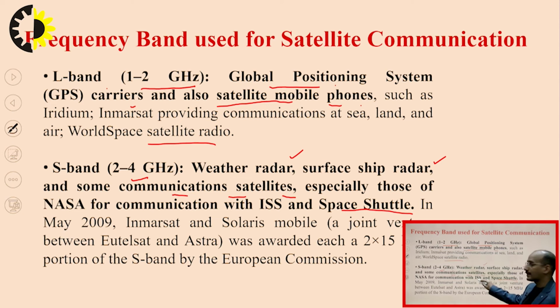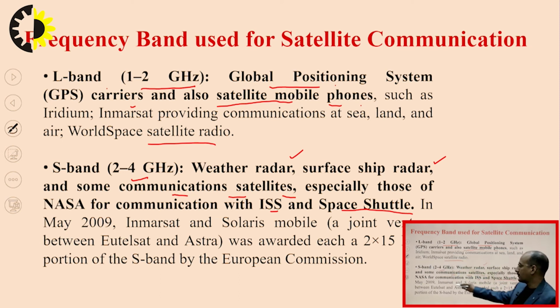This is not an inter-satellite link, that is not inter-satellite services. This is basically the International Space Station. So for communication with the International Space Station and space shuttles, NASA is using this S band.